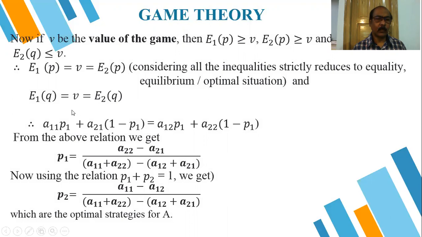From this we will get A11P1 plus A21(1 minus P1) is equal to A12P1 plus A22(1 minus P1). By changing the side, we leave A22 minus A21 on the right hand side.